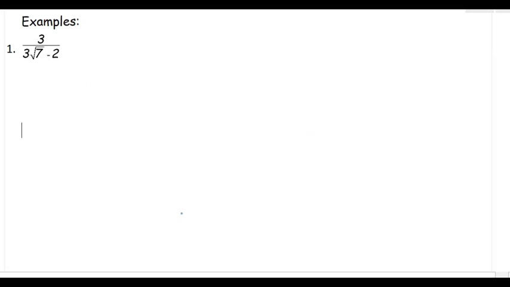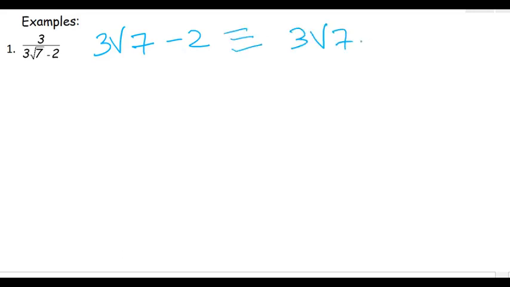The first example in this category, we have 3 over 3 root 7 minus 2. What we're going to do is we consider the denominator 3 root 7 minus 2, and we determine its conjugate, whereby the conjugate of 3 root 7 minus 2 is equal to 3 root 7 plus 2. Hence, we multiply the numerator and the denominator by this conjugate.